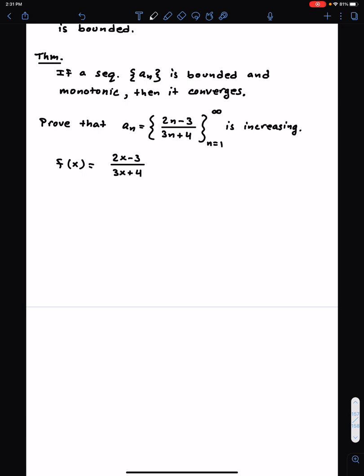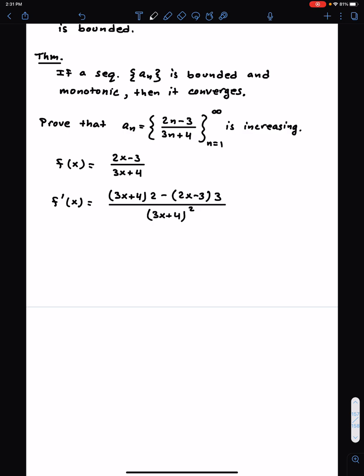In Calc 1, to prove that something is increasing, we took a first derivative. So f prime of x, I'll use quotient rule: 3x plus 4 times 2 minus 2x minus 3 times 3, divided by 3x plus 4 quantity squared.